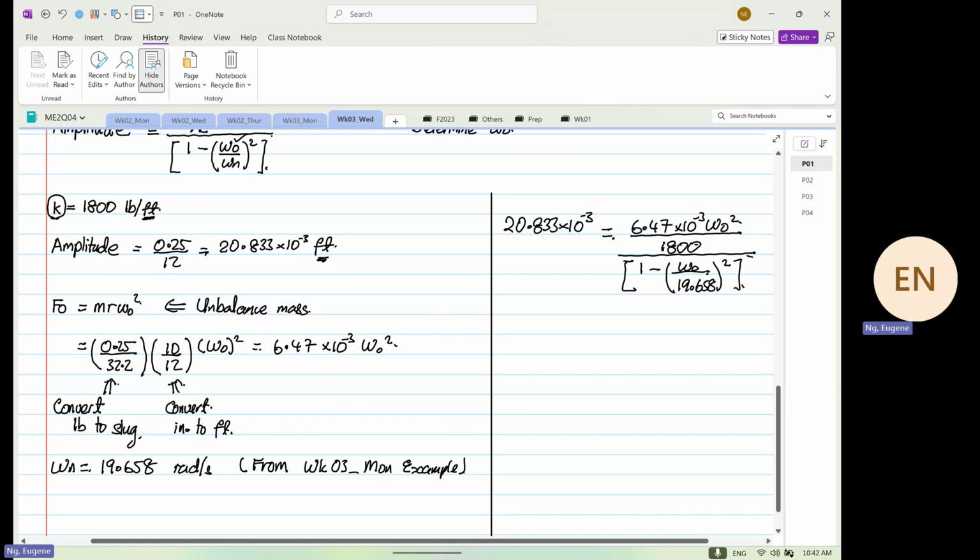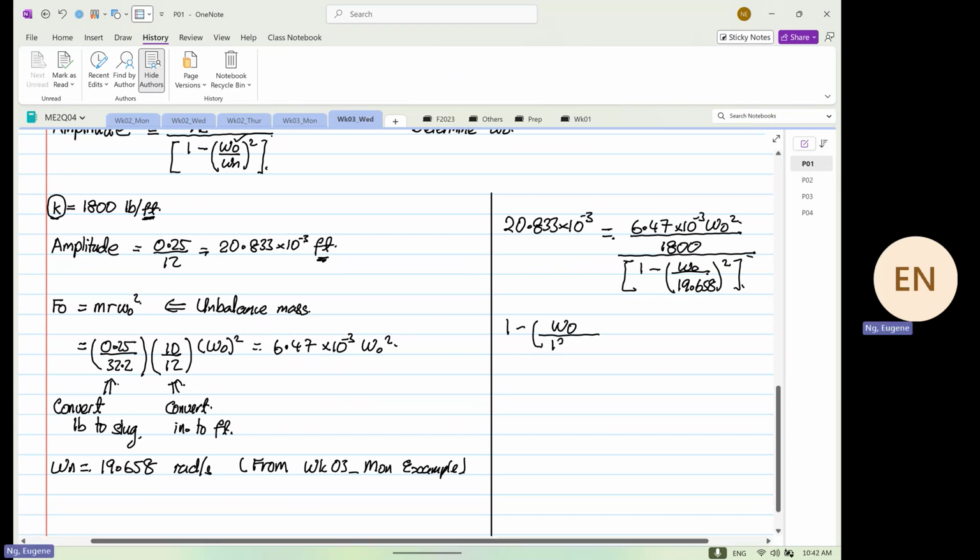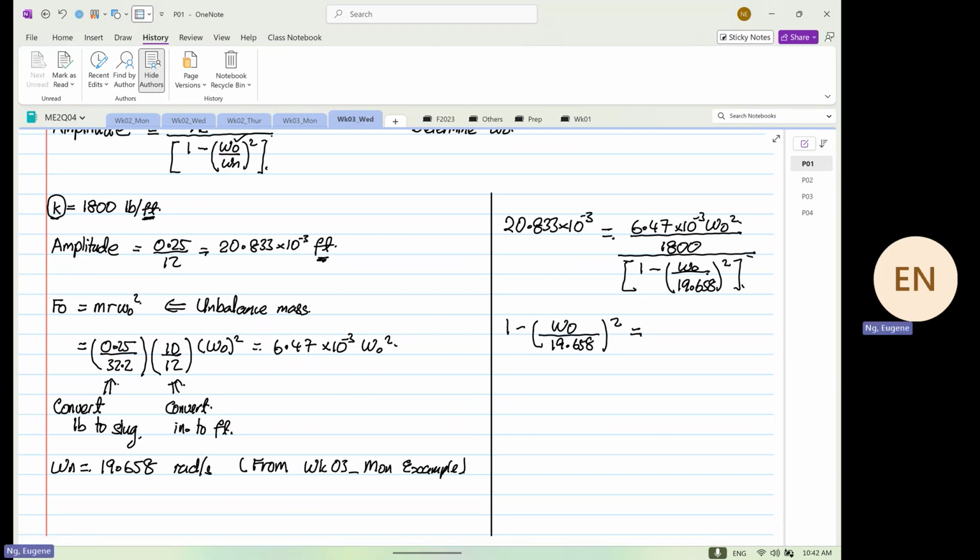So when I bring the 1 minus omega naught over 19.658, squared, this will be equal to 6.47 power minus 3 divided by 1800 divided by 20.833 power minus 3.